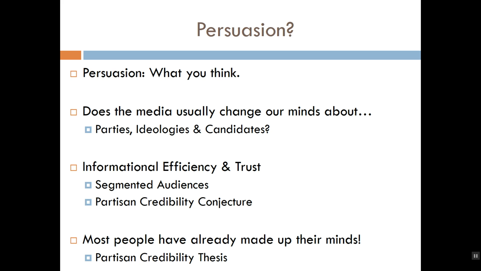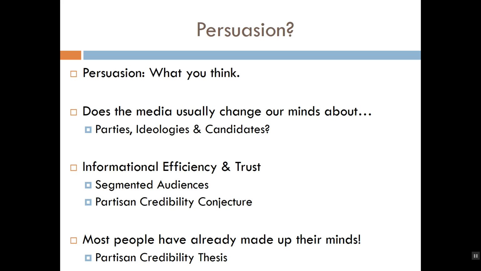The second reason that persuasion is not generally effective has to do with what we call the partisan credibility conjecture or the partisan credibility thesis. You can abbreviate this as PCC or PCT. It doesn't really matter. These are synonymous terms.